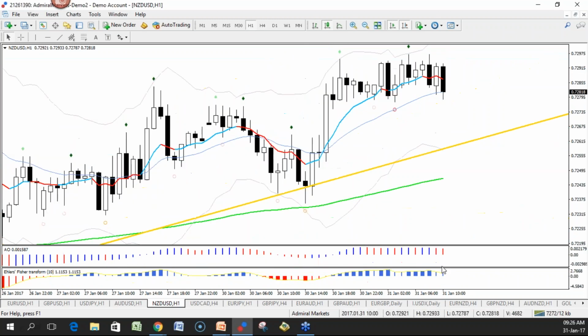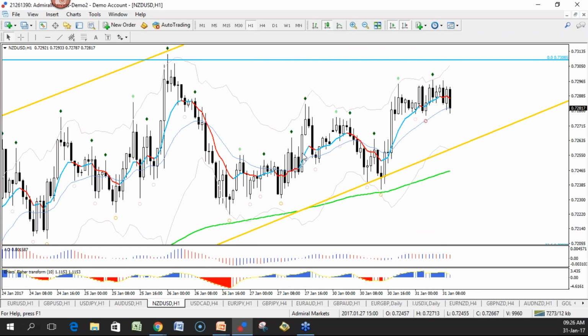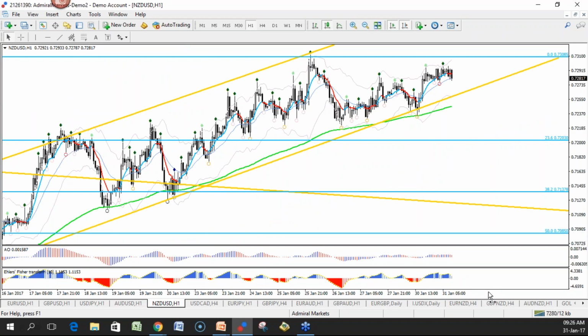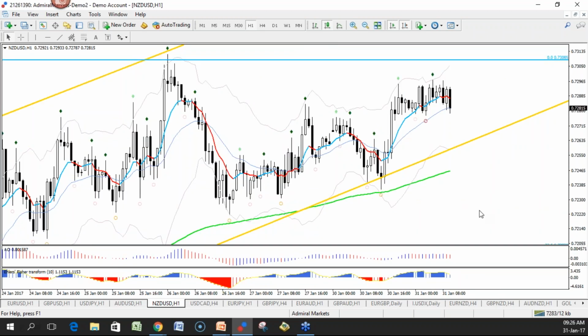In fact, some might be looking for reversals on this. One of those reversal ideas could be a break below the support level like this. Perhaps if you were very adventurous, maybe even weakness up in here.